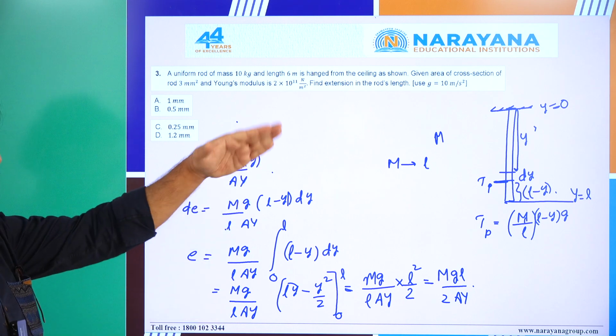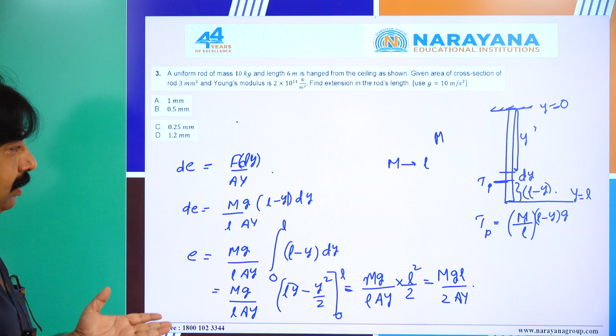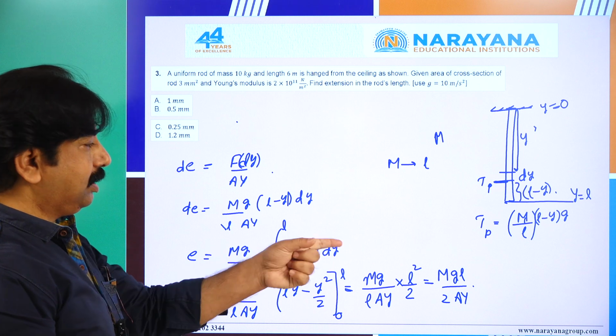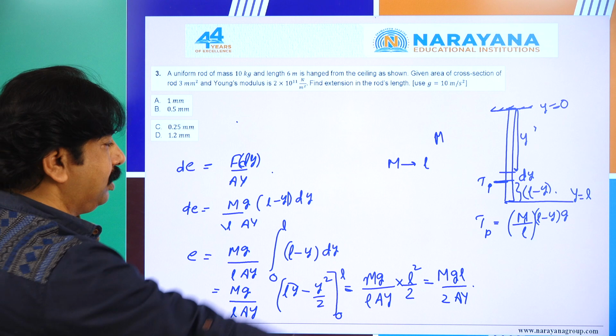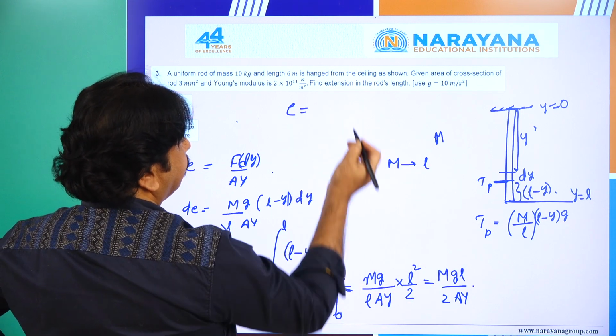Actually this is the integration process. Instead of this, you can also write directly: due to its own weight, the force can be considered such a way that instead of F directly you can write mg by 2. Now just substitute the values and find the remaining thing only.